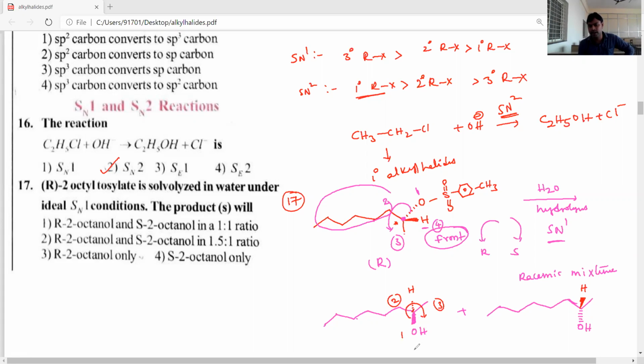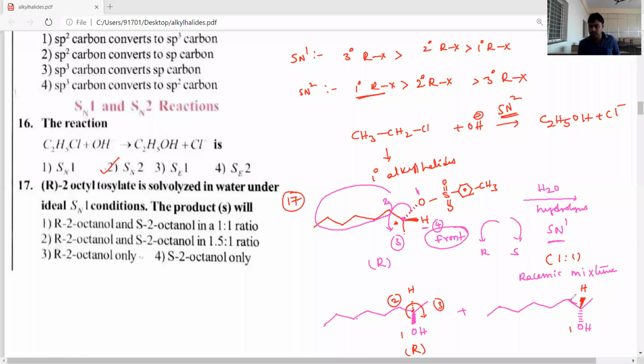Clockwise direction means R product, and the least priority group is fourth. Clockwise, then it is R octane 2-ol, and it is a 1:1 ratio. Racemic mixture means 50% R and 50% S.